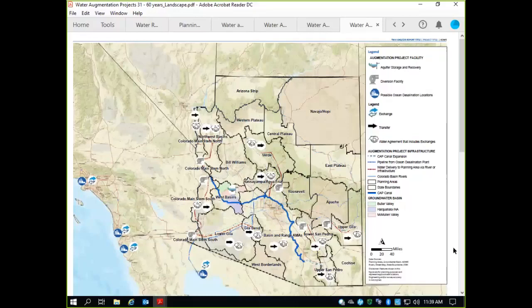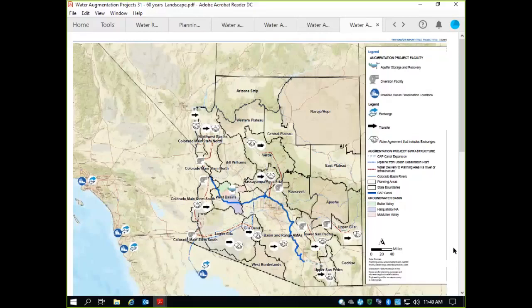Part of what's also a little challenging with this is if you take any of these planning areas where there is not a CAP canal, but you could do some sort of exchange or transfer to get water to them, there's the mechanism to go from the CAP canal to that planning area, and then there's also the mechanism to get water to the CAP canal, and there could be multiple ways of doing that.